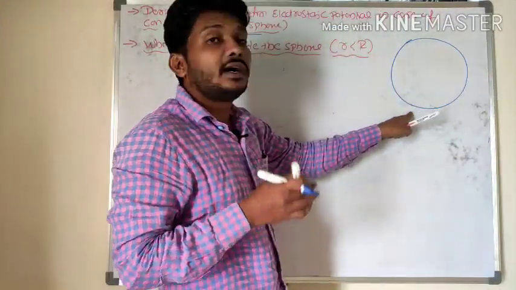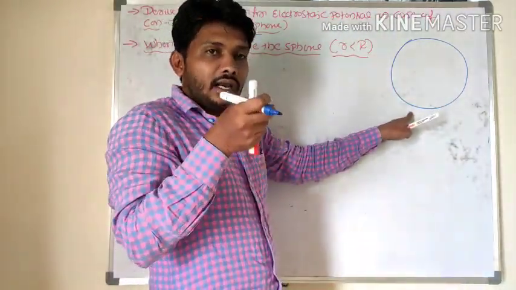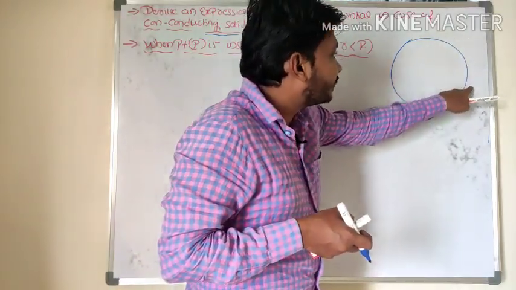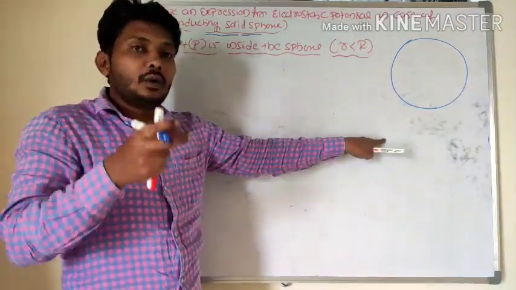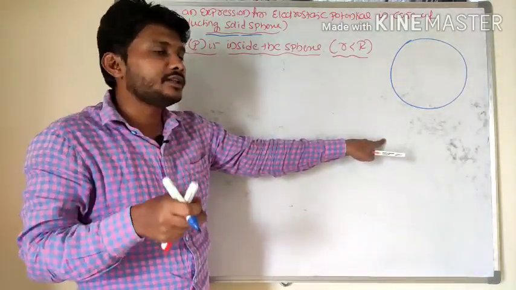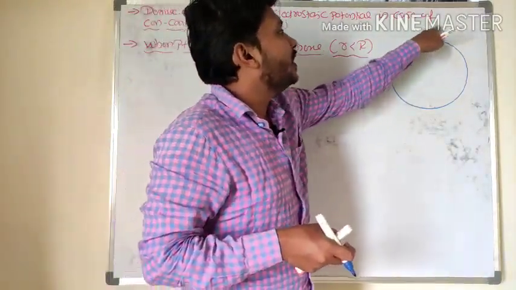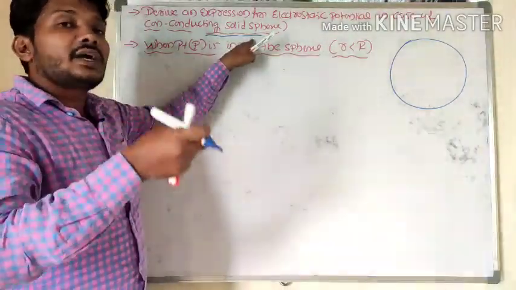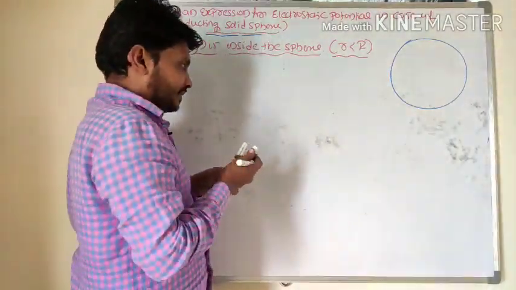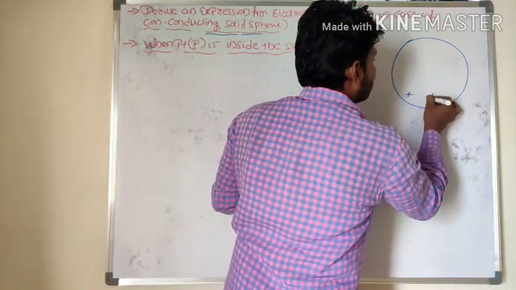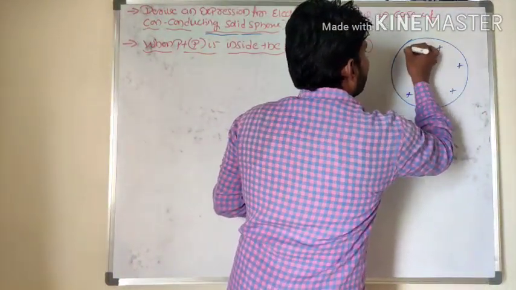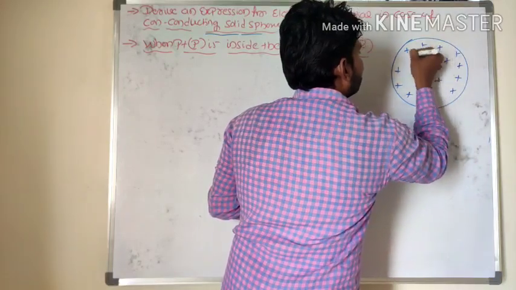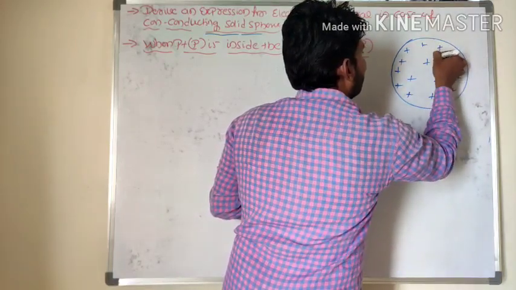In case of a hollow sphere and in case of a conducting sphere, charges reside only on the surface, but in case of a non-conducting sphere, charges are present inside the sphere even.